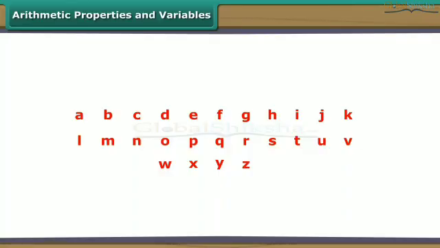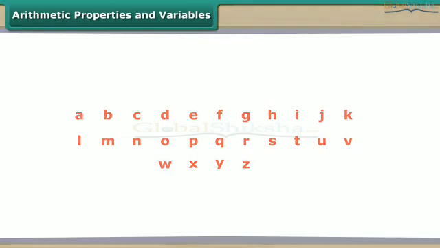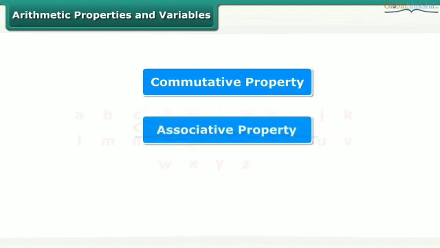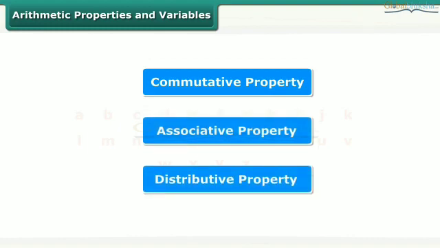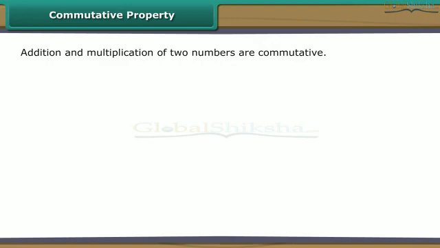Arithmetic properties and variables. Let us now express some commonly used arithmetic properties with the help of variables. These properties are commutative property, associative property, distributive property. Let's take a brief look at each point. Commutative property. Addition and multiplication of two numbers are commutative.